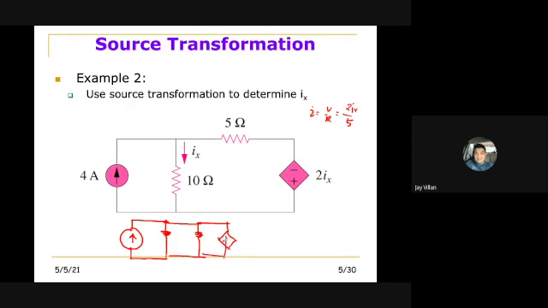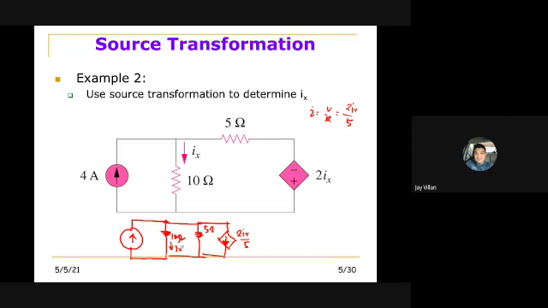The direction of the current is now going downward because initially the positive terminal of the voltage source is at the bottom. So this becomes 2Ix over 5, and this is 5 ohms, and this is 10 ohms, where your Ix is passing.